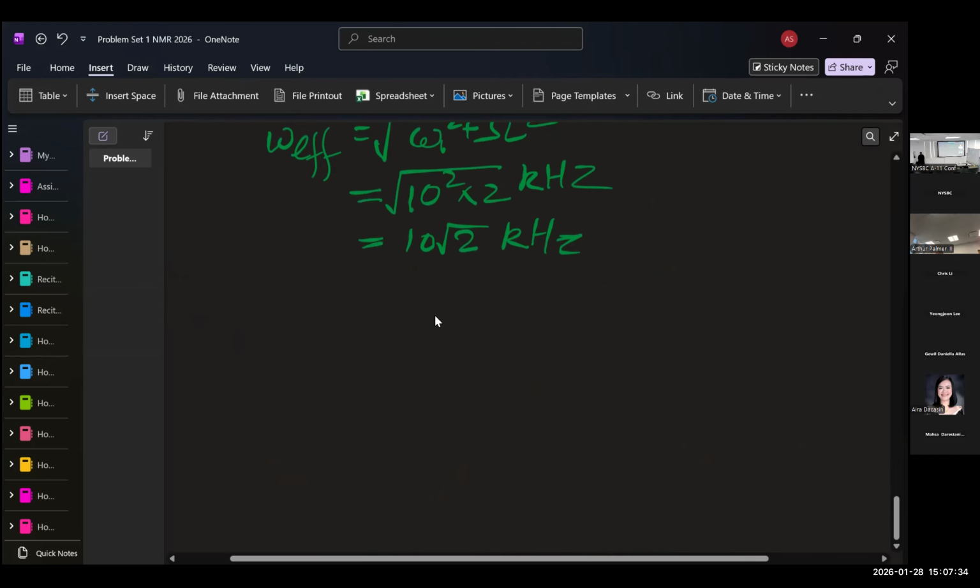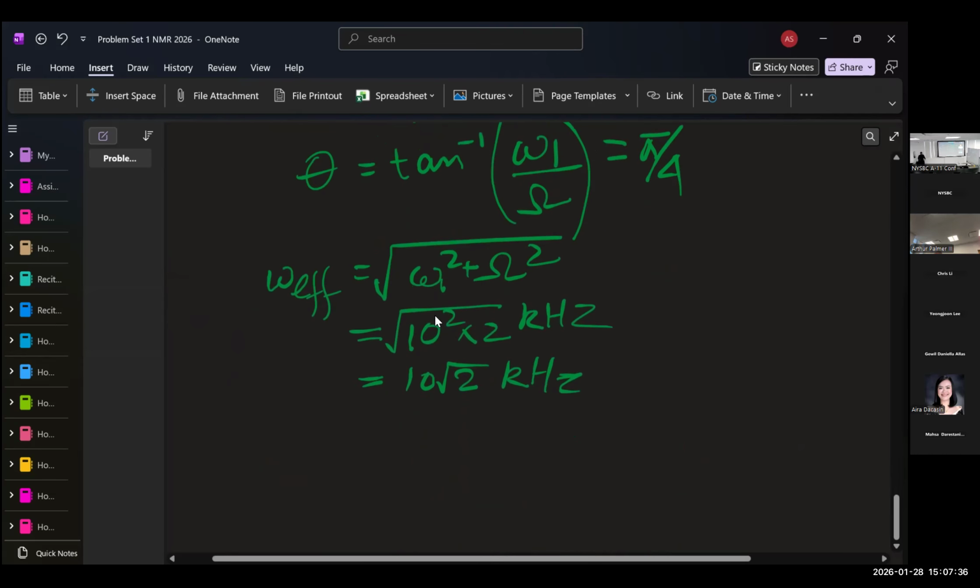I find that the simplest way to do this is to think about performing rotations where the effective field is brought to the z-axis, and you can perform a rotation and then bring the effective field back to where it was. That makes sense?